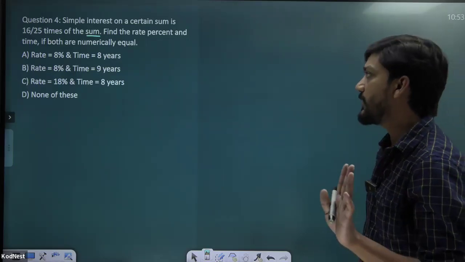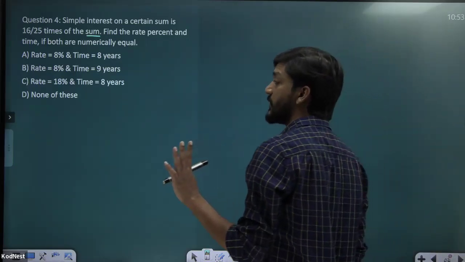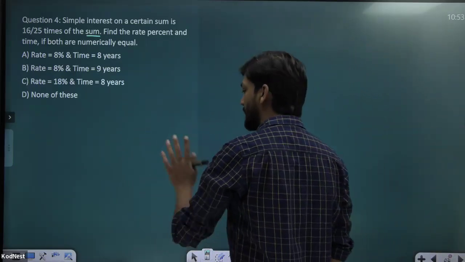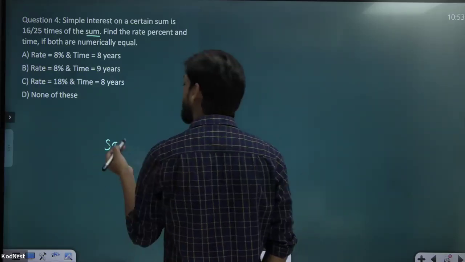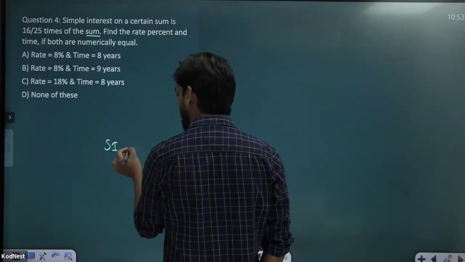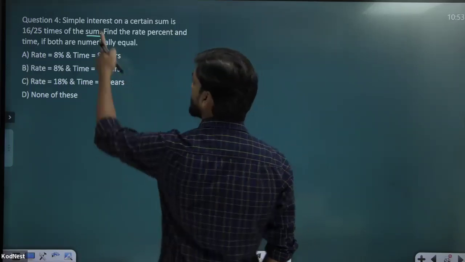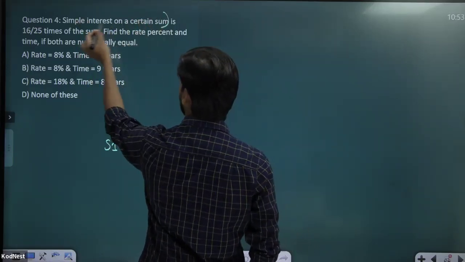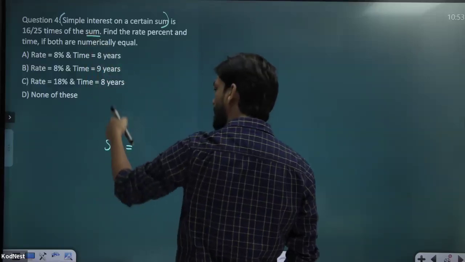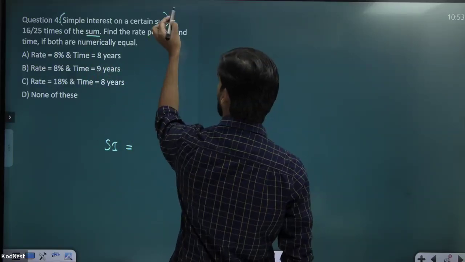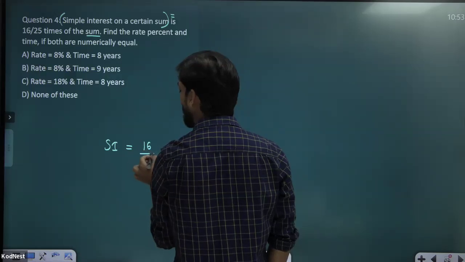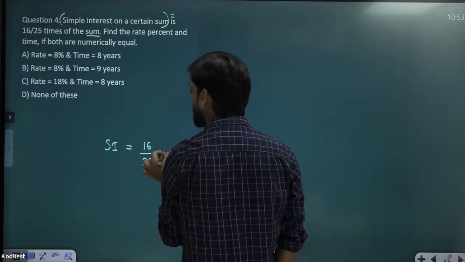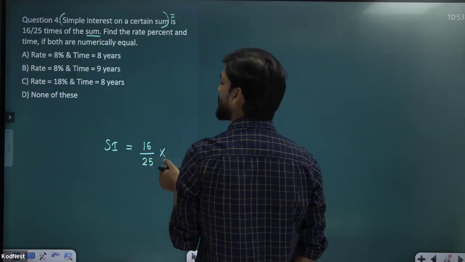Simple interest on a certain sum is 16 by 25 times of the sum. Simple interest on a certain principal means equal sign. So write simple interest equals 16 by 25 times the sum. 16 by 25 times means multiply times the sum.